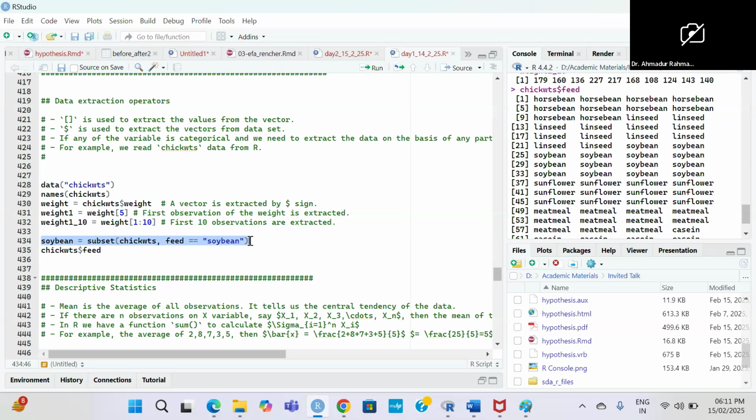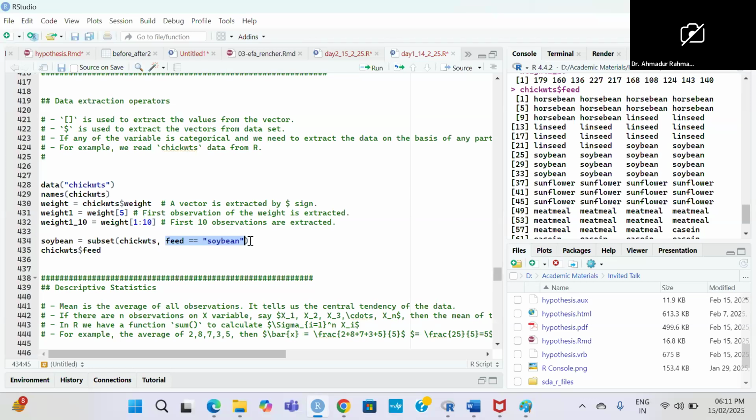Just suppose we want to know, if we have fed them soybean, what are their weights. For that we have used the function subset, then the data frame name, and then we have to set the condition on what basis we want to select the values. So we have set it here, feed is equal to soybean.